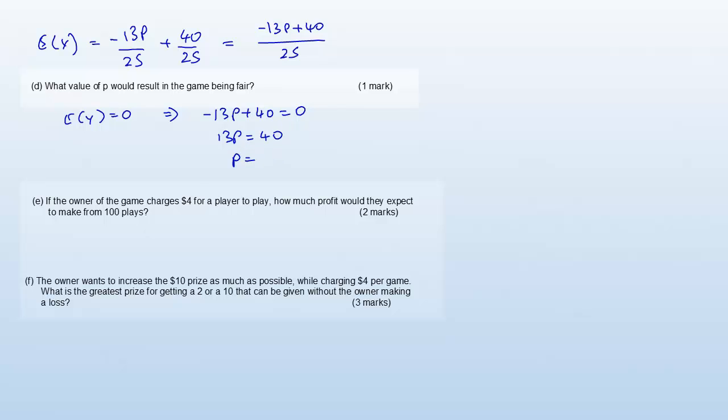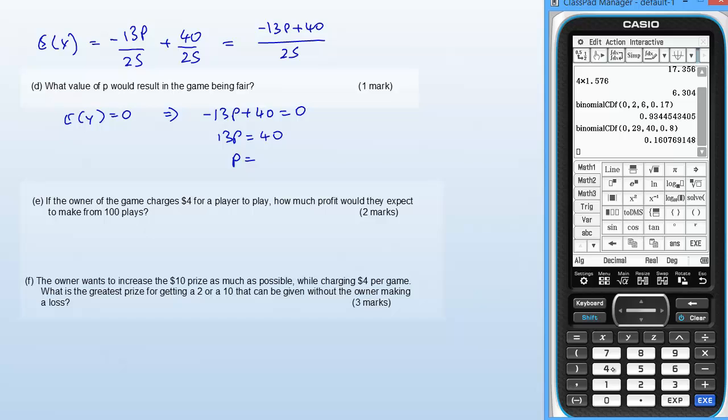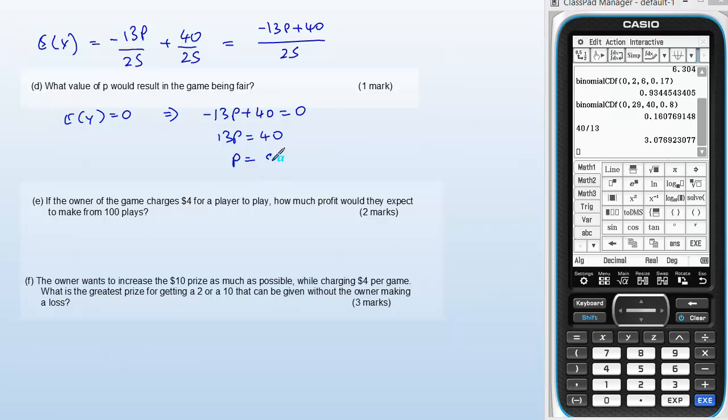So p is 40 divided by 13, and that would be basically $3.08. Now, unfortunately, with the 9 I gave you, this ended up being more than $4, which is why this doesn't make any sense. And that's why I removed these two parts.